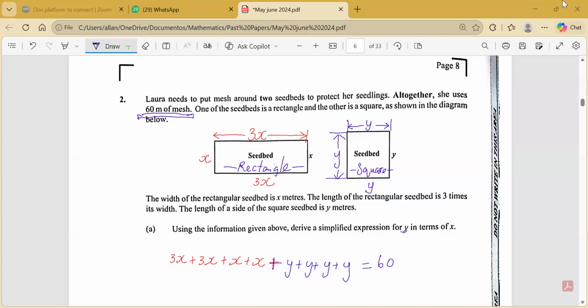All right, Jenny. Jenny, I don't understand what you have. I see 8x, but I'm not seeing... oh, that's a 4.